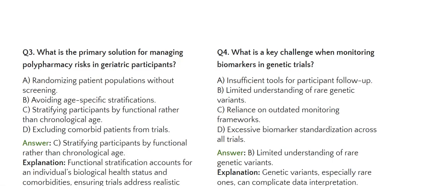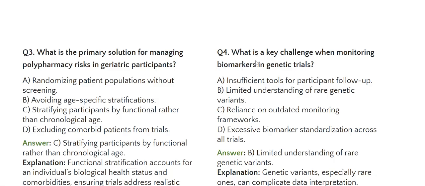The answer is C, stratifying participants by functional rather than chronological age. Functional stratification accounts for an individual's biological health status and comorbidities, ensuring trials address realistic risks and outcomes associated with polypharmacy.